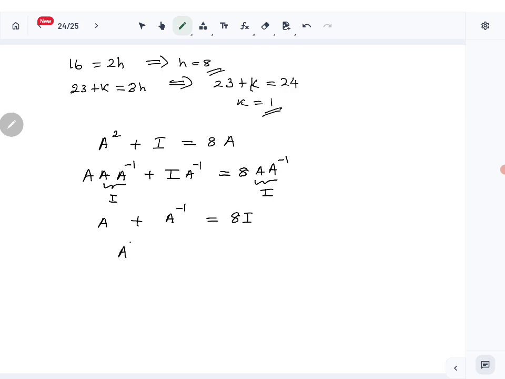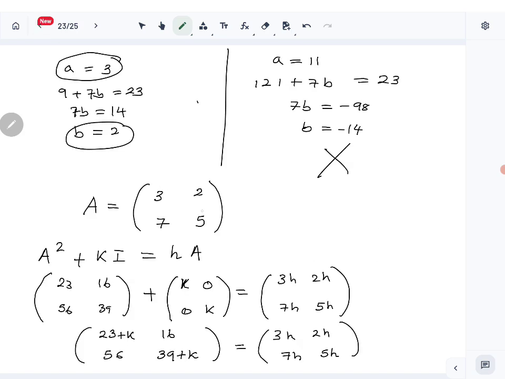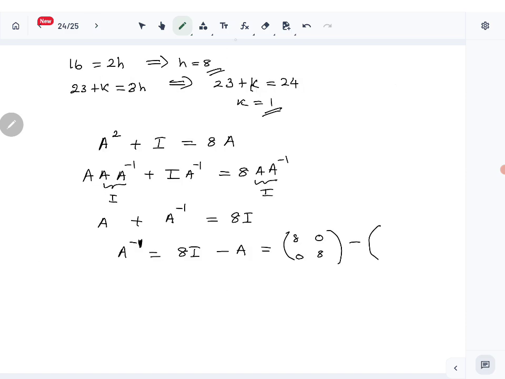So then A inverse is equal to what? 8 times identity minus matrix A. So 8I is 8, 0, 0, 8, minus A, the matrix we found, 3, 2, 7, 5. Right. So then what is A inverse?